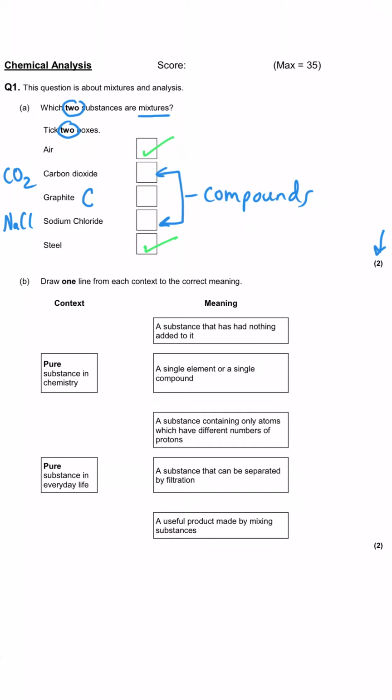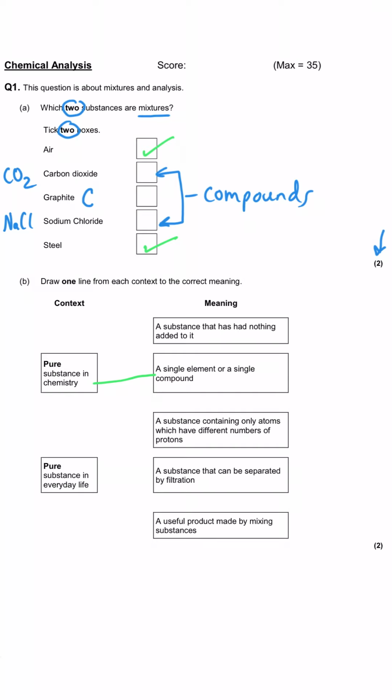And then moving on to the next question, we've been asked to connect lines from pure substance in chemistry and pure substance in everyday life to 5 meanings on the right hand side. Now some of those meanings are meaningful but not relevant, but the two that we need to connect up for this: a pure substance in chemistry is a single element or a single compound, so emphasis on single there.